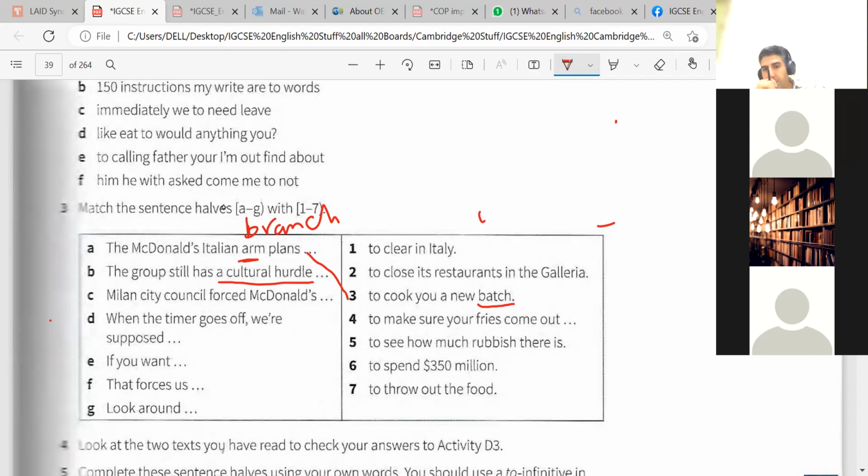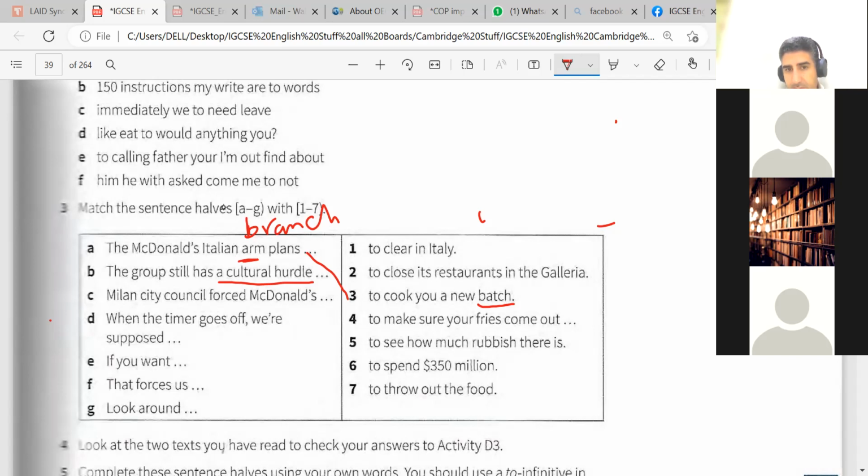Not sure. Yes, Khalid. I think like opportunity. No, something related to a cultural problem. Hurdle, you can say an obstacle or a problem. So the group still has a cultural hurdle.